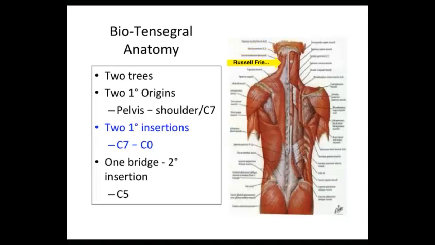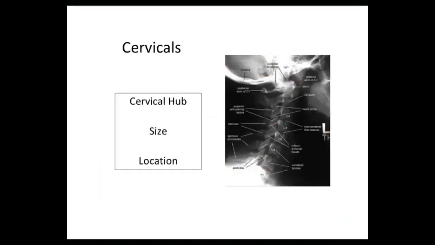And where is that? Right at C5. And that is the arch of the human neck. So we have an origin, an insertion here, and an origin. We have an insertion here, and it comes from C1, but it goes all the way around into the neck, into the back of the skull. And then we have a secondary stabilizer here.